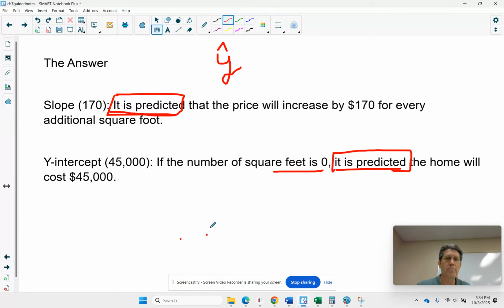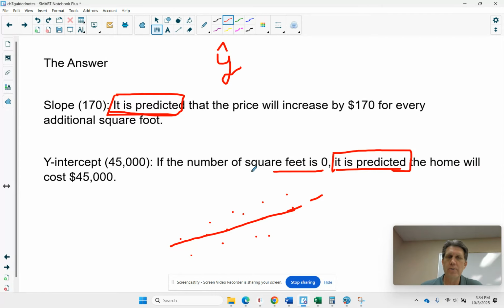Remember, they're built on a best fit line, and that best fit line may not hit any of the points. It might miss all the points. Here I happen to hit about 3 of the points, but just by mouse drawing. Anyway, it's a prediction of what will happen.